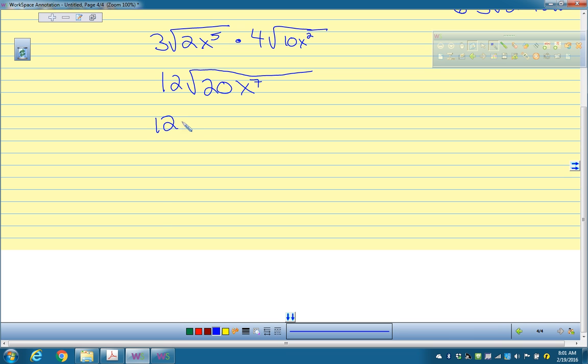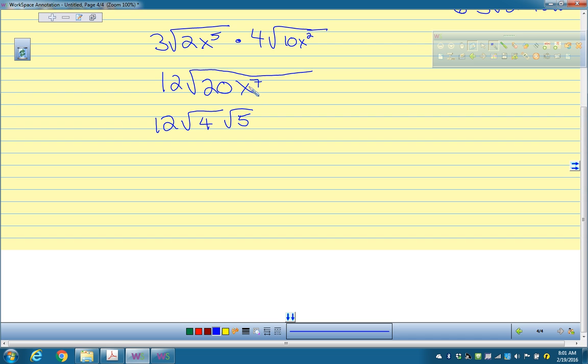I have a 12. What perfect square is in 20? 4. Not 10, 10 isn't a perfect square. 4 is a perfect square, right? 4 times what? 5. Now what perfect square for the x?